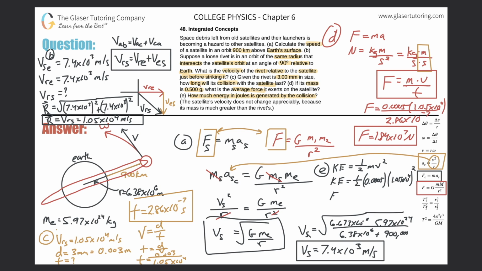A lot of the numbers start getting jumbled. So let's plug this in now: 0.5 times 0.0005 times 1.05 times 10 to the 4th squared. We get a value of 2.76 times 10 raised to the 4th, and that is in joules.